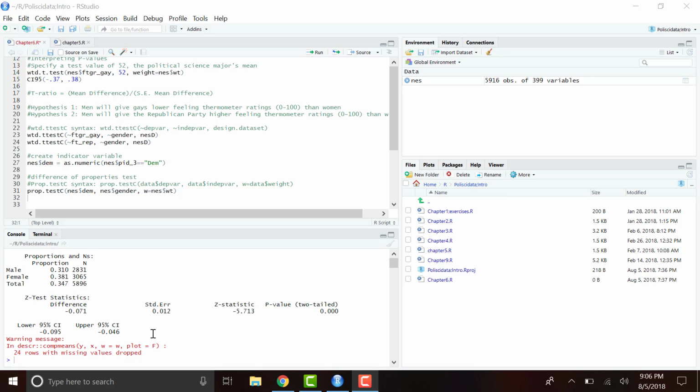And then if you look at our Z statistic, it's negative 5.71 and has a p-value that is effectively 0.00. So it would be an exceedingly rare event for random sampling error to have produced the observed difference, which means we have to reject the null hypothesis.